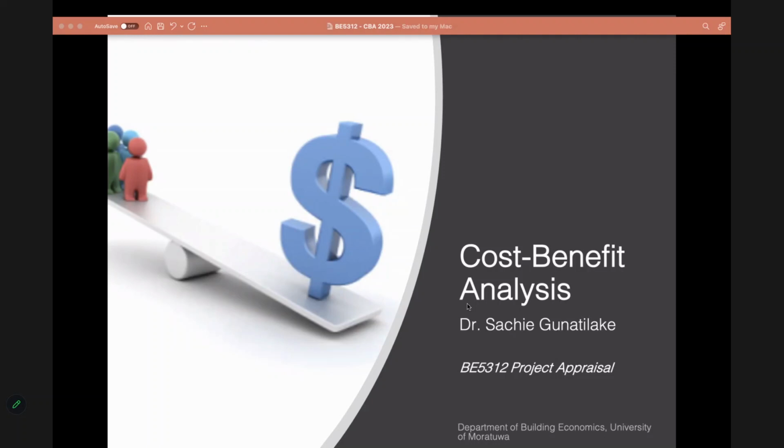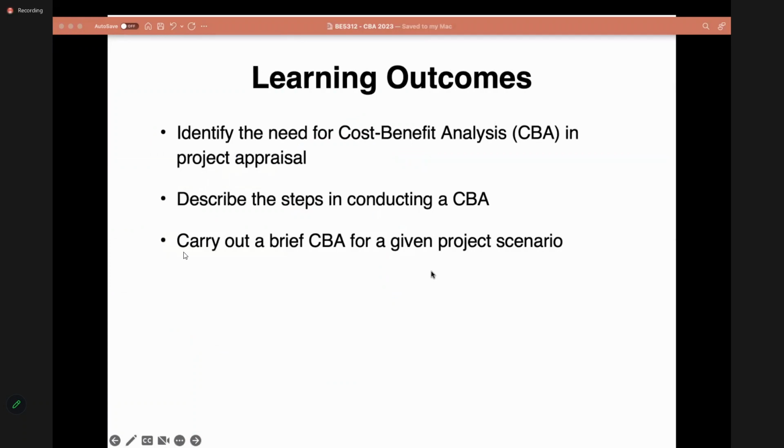Okay. So today we are going to start on the first of these two areas, which is cost benefit analysis. In these couple of sessions, we'll basically look at why you might do a cost benefit analysis when it comes to project appraisal.